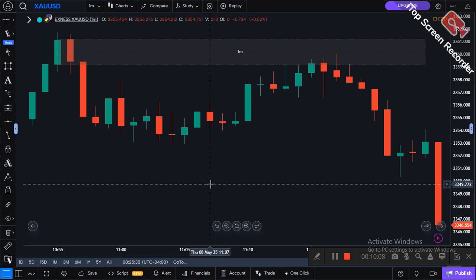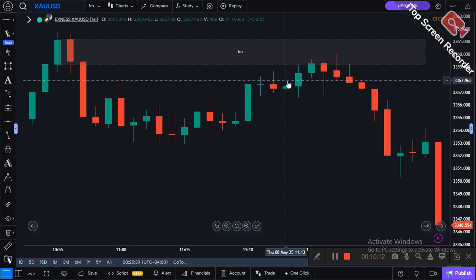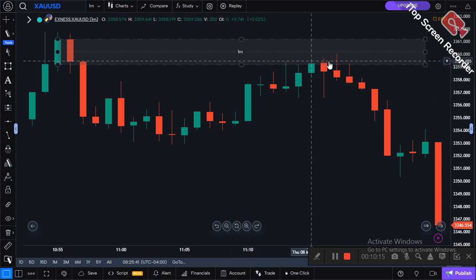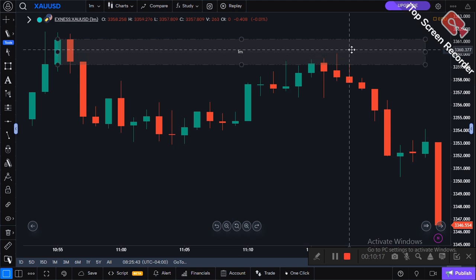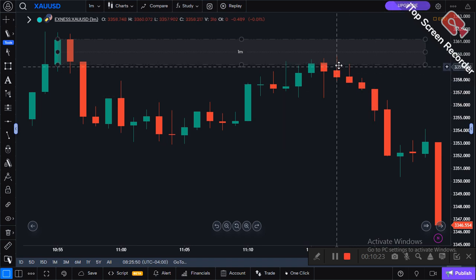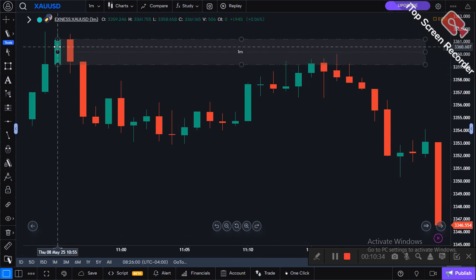Let's say you're a risk-averse trader, you're afraid of losses, then you can take your stop loss above there, and take your entry at the midpoint of this rejection block. This is why I told you this is a valid rejection block, because it taps inside of this order block.